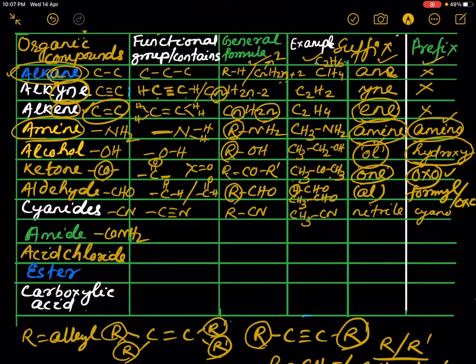In expanded form, we can write CONH2. General formula RCONH2. Here R can be H, CH3. If you write HCONH2, next homologue can be written as CH3CONH2. The suffix is amide and prefix will be carbamoyl.